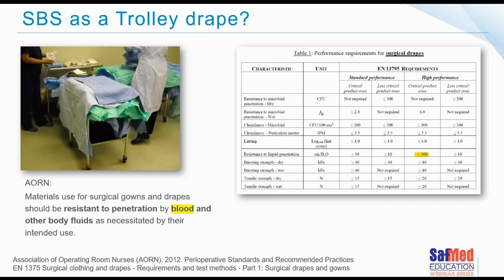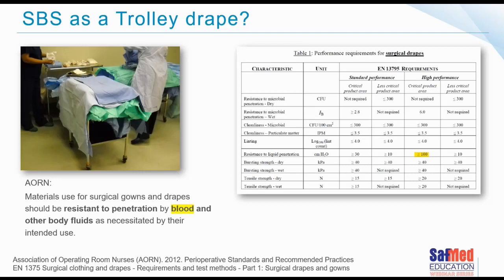Those requirements are different to that of a sterile barrier system. Take, for example, the hydro head, the resistance to liquid penetration. That needs to be 100 centimeters of water. Generally speaking, out of a sterile barrier system, you might get, depending on the make, the nature and the grammage, maybe 20, 30 centimeters of water. That's not what is required for a trolley drape or a patient drape.